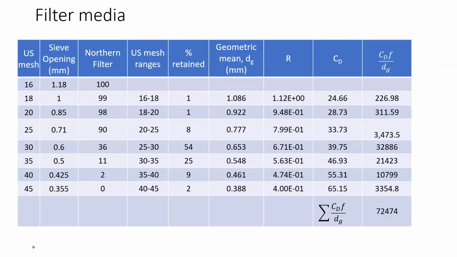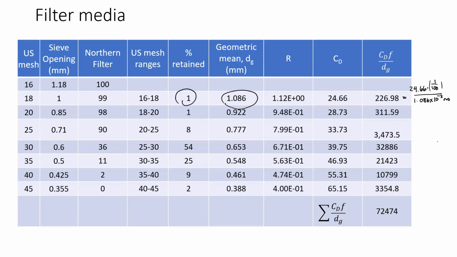What we then have to do, for each of these terms here, is calculate the product of the coefficient of drag times the fraction retained. So this is 1/100. So we need the fraction retained divided by the geometric mean, and make sure that this is in meters. We will calculate that for each of these terms.